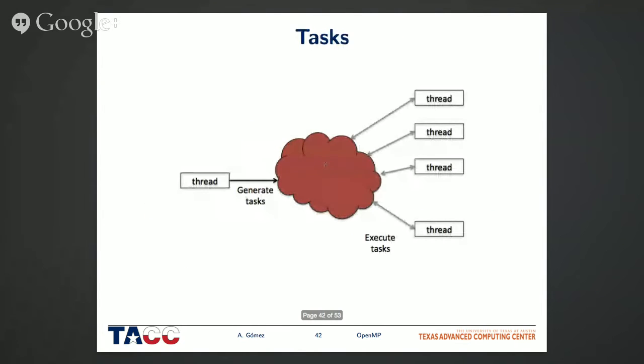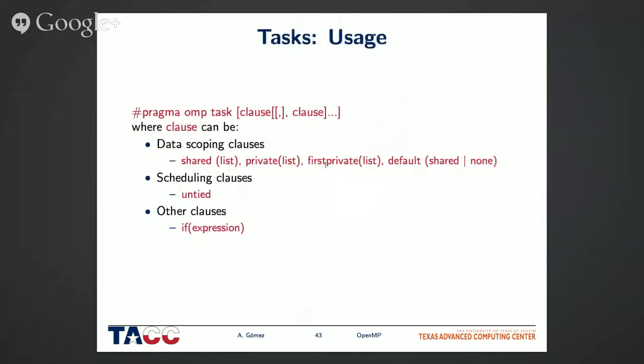Let's go directly to the syntax. All we have here is pragma omp task, and that's it. If you do this within a parallel region, it will create independent tasks, one task in this case. Okay, so it's very interesting. You can even simulate a for loop with this.